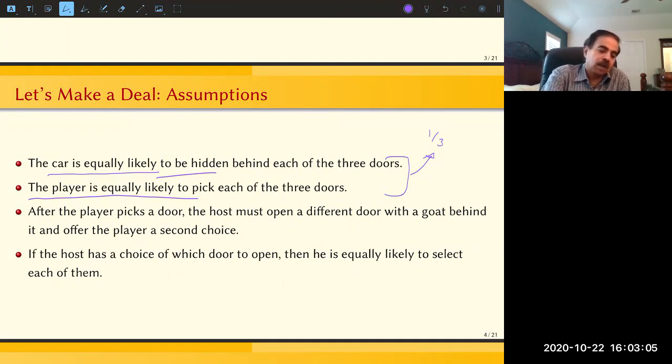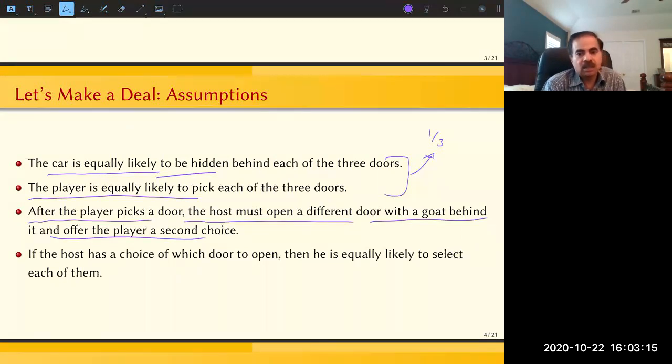Okay, so this is an implicit assumption we make: when the player picks a door, the host will not open the door that you picked, and the host also won't open the door where the car is.